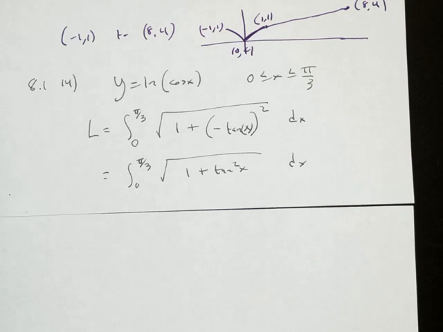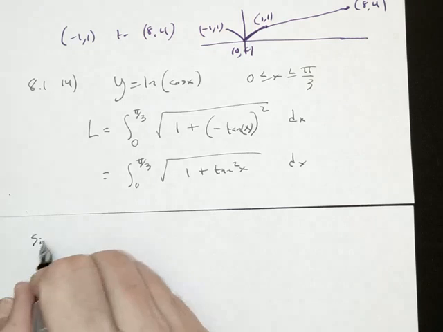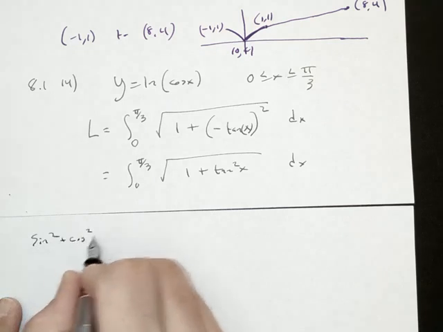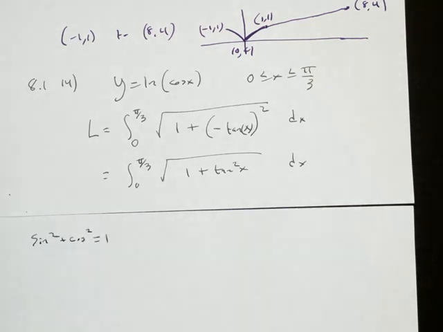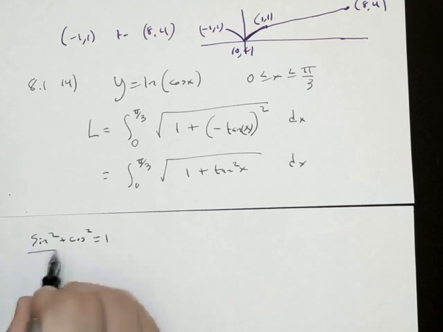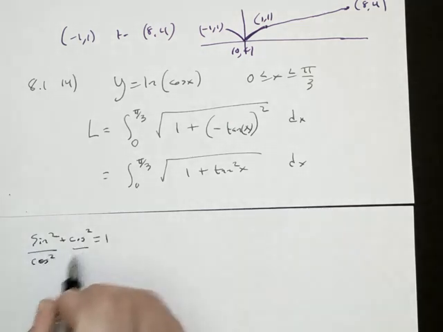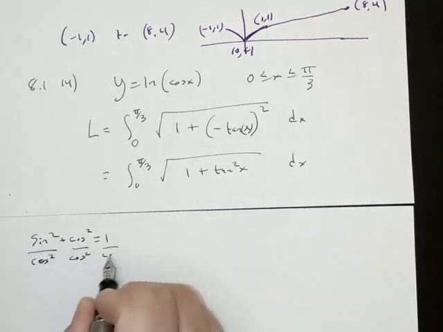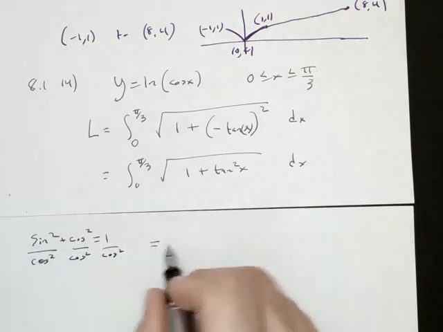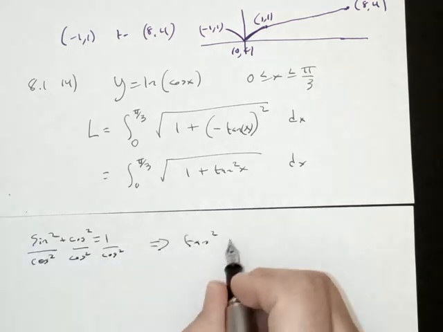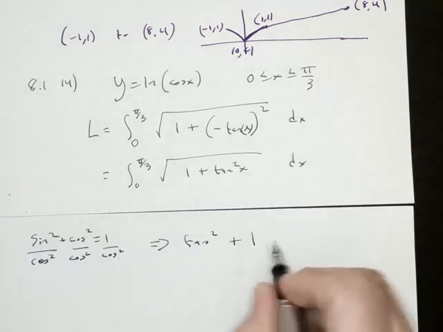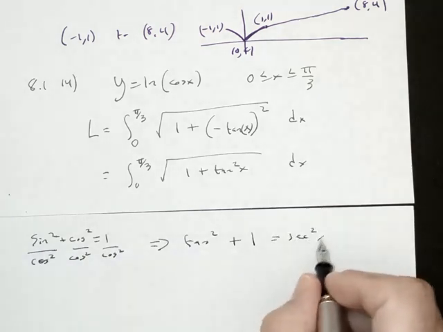So what I do every time is I start with sine squared plus cosine squared equals 1. I want tangent, right? Tangent is sine over cosine. So we divide by cosines. Cosine squared, cosine squared, cosine squared. This is tangent squared plus 1 equals secant squared.